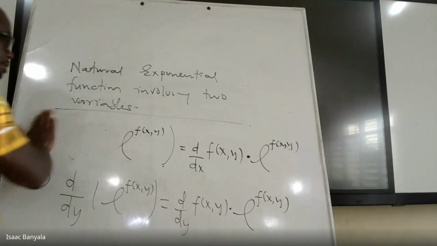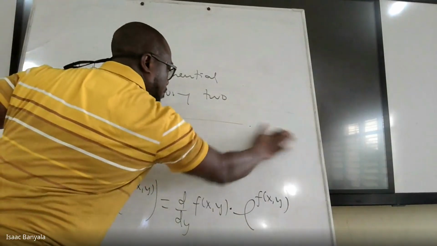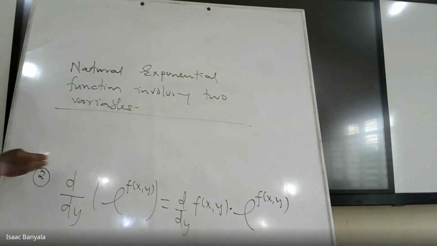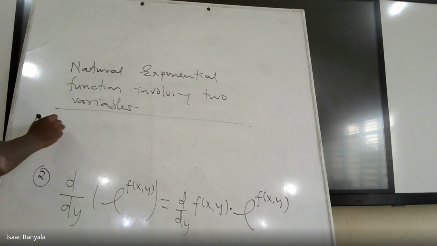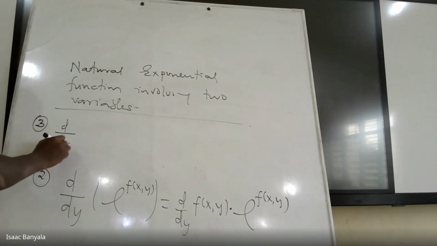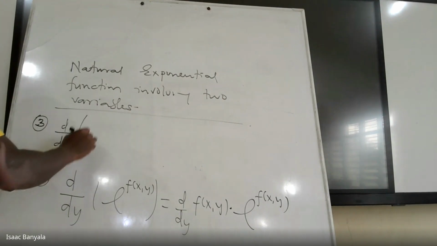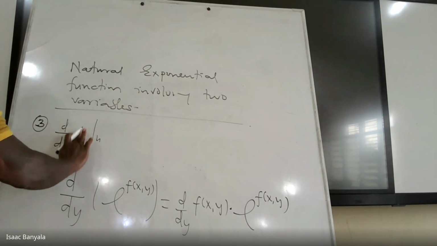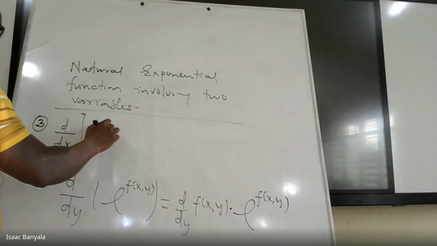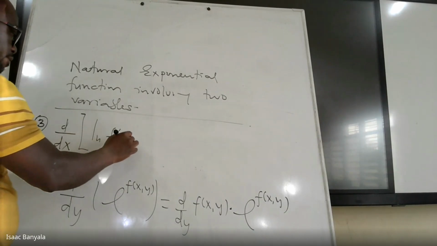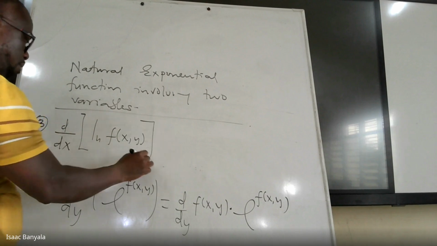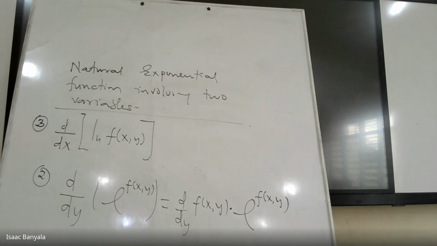Let's take the third one. The third one is differentiating with respect to x. This time we are finding the natural log of the function f of x, y with respect to x.